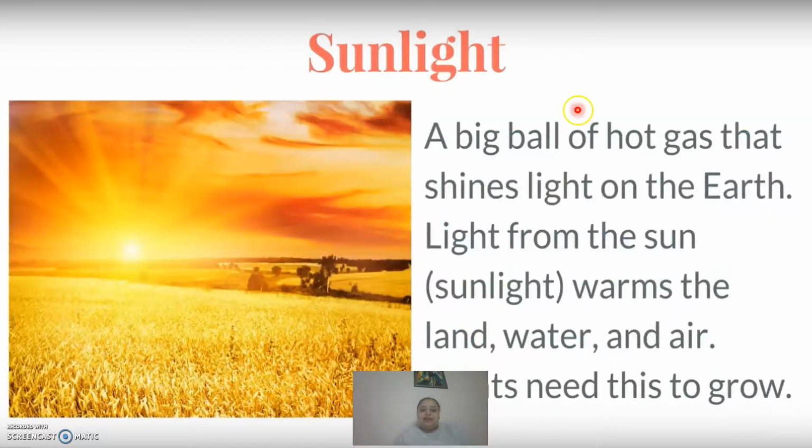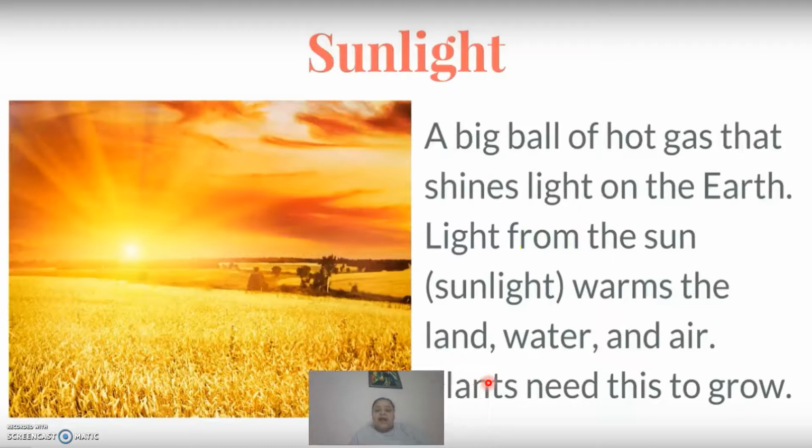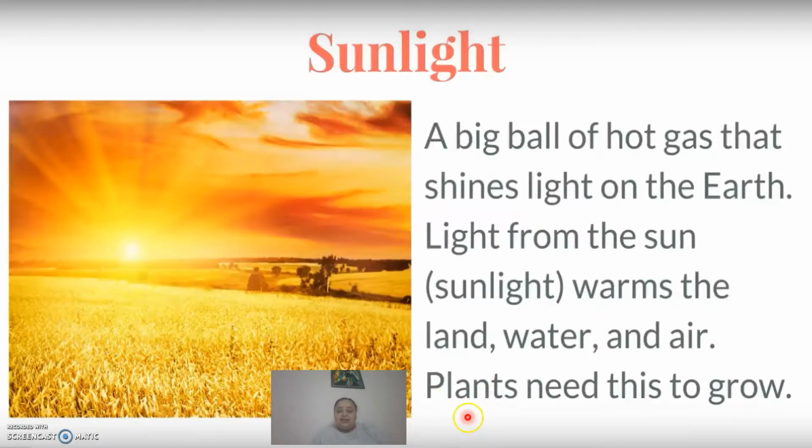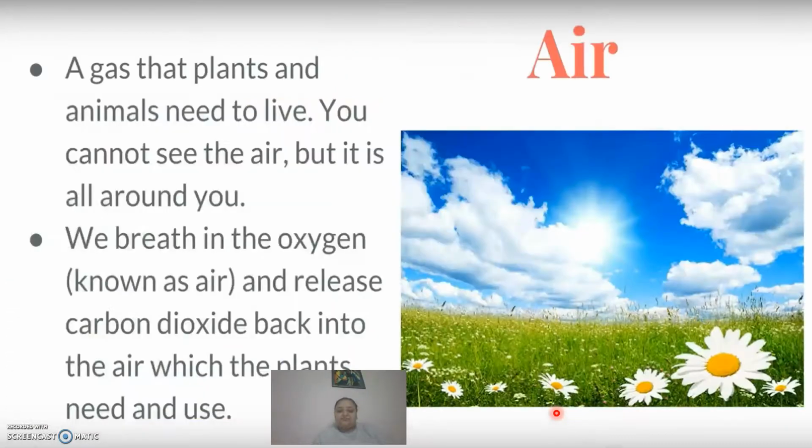Next thing is sunlight. So plants need sunlight. Now what is the sun? A big ball of hot gas that shines light on the earth. Light from the sun, that is called sunlight, warms the land and water and air, and plants need this sunlight to grow.